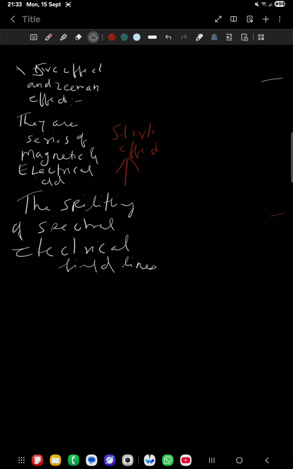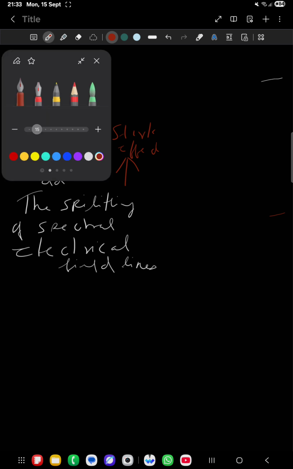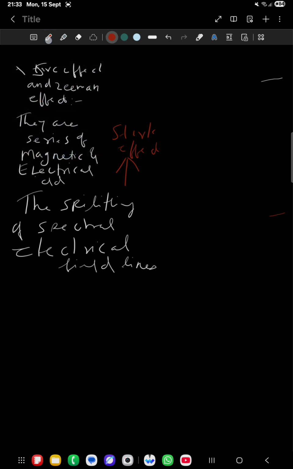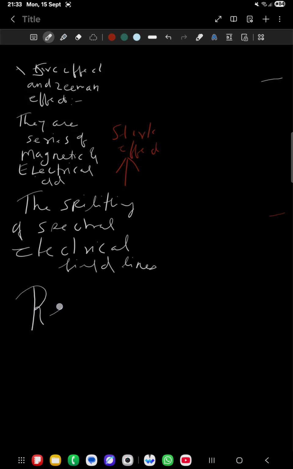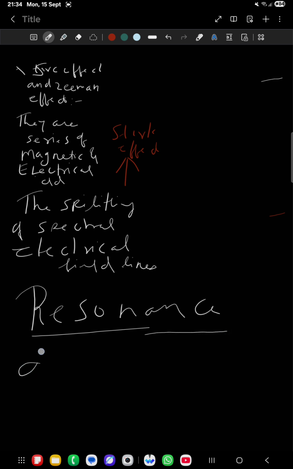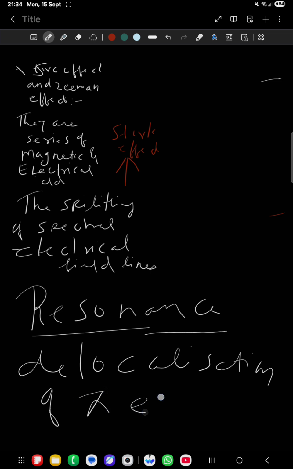Another one is, you asked me about resonance. What is resonance? Let's look at what resonance is about. Resonance is the delocalization of pi electrons.